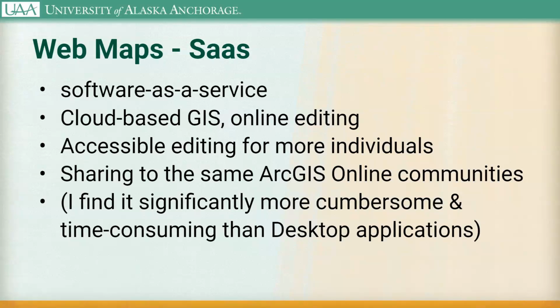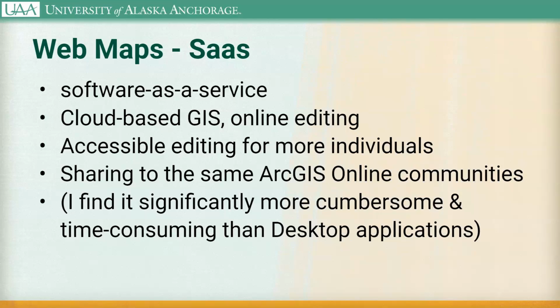So there's another piece of this, which is the software as a service feature. So that's basically ArcGIS Online. So we're using ArcGIS Pro, but our licenses also come with the ability to use ArcGIS Online, which is a cloud-based GIS with online editing capability, but it's not exactly like working in an ArcGIS Pro or an ArcMap desktop environment.